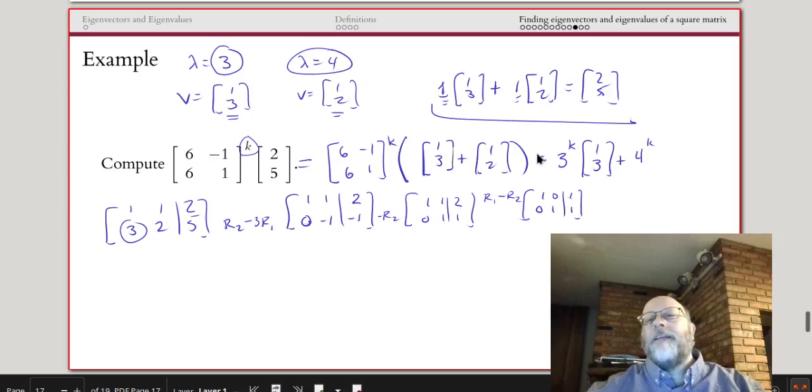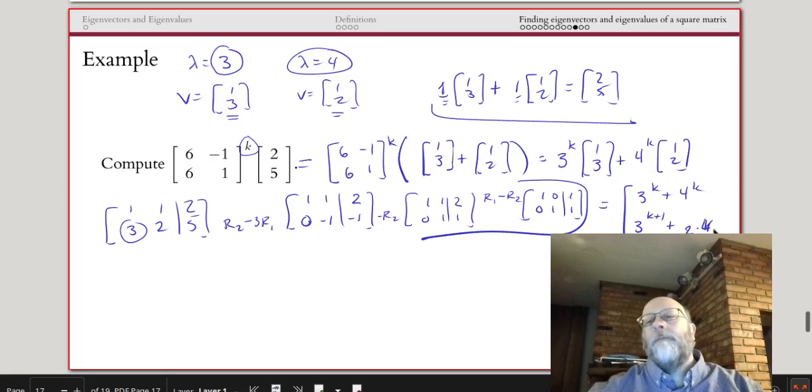And we've multiplied it k times. So 4 to the k times 1, 2. Well, that's in the top row, 3 to the k plus 4 to the k. In the bottom row, 3 to the k times 3 is 3 to the k plus 1 plus 2 times 4 to the k. And we have an answer, and we never actually had to multiply this matrix out k times.